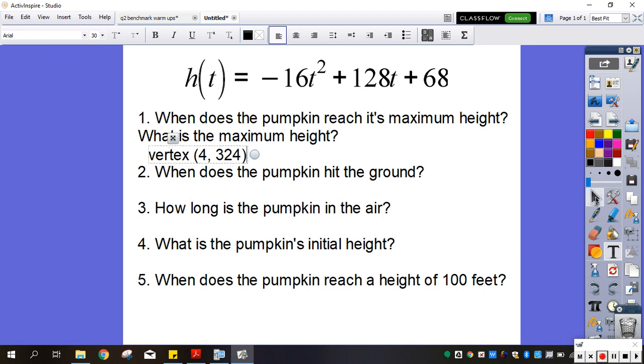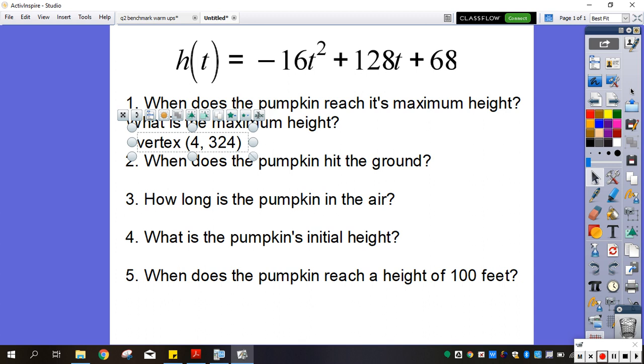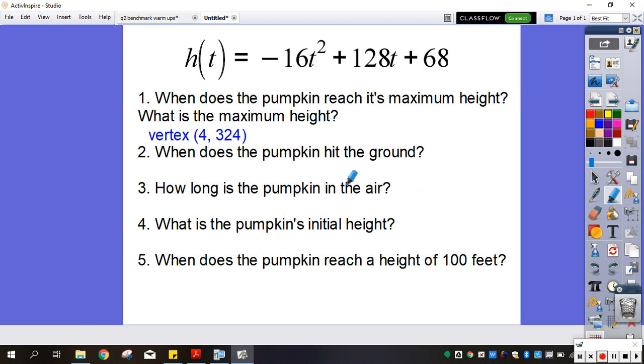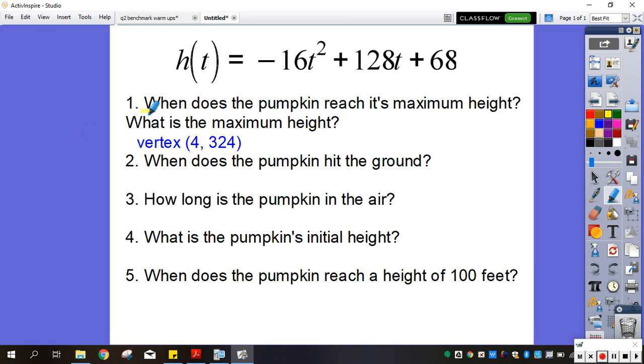Now that I have that, I have the information I need to answer questions about a maximum height and when that height occurs. So the key is reading the question carefully. When: your x value, because x represents time. What is: the y value, because that's your height.